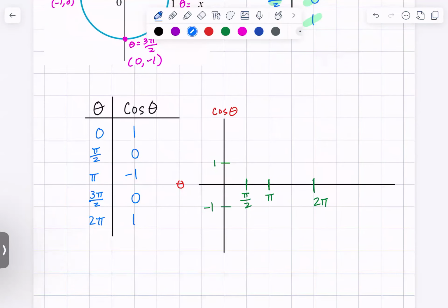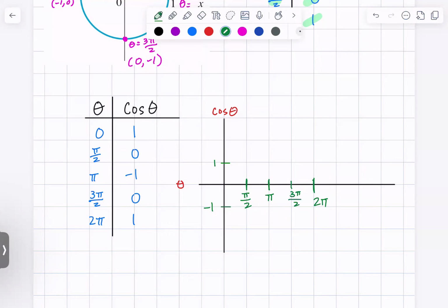So pi would represent 2 pi over 2. This point here would represent 3 pi over 2. And this point here would represent 4 pi over 2. I'm just adding pi over 2 every single time I move. So 2 pi over 2 is pi, and 4 pi over 2 would represent 2 pi. I'm going to label this again, 3 pi over 2.